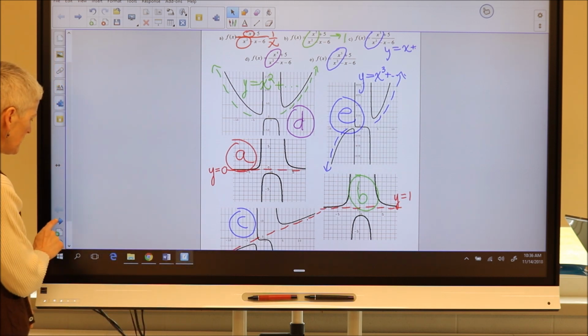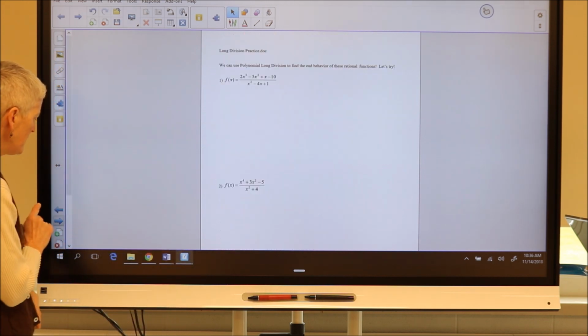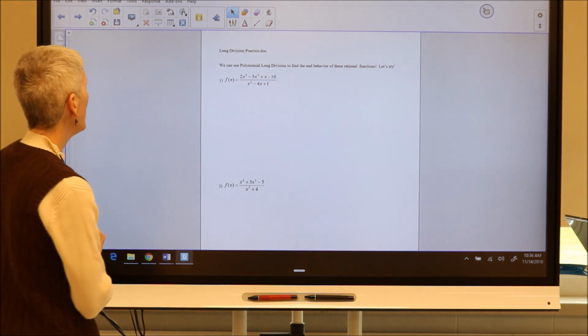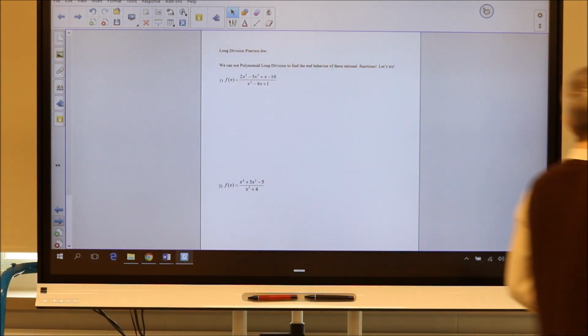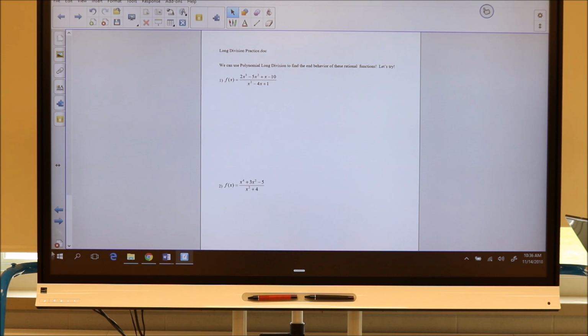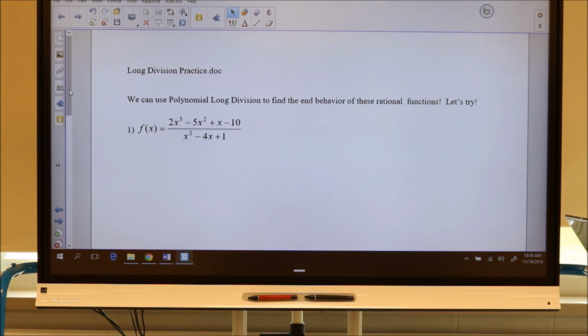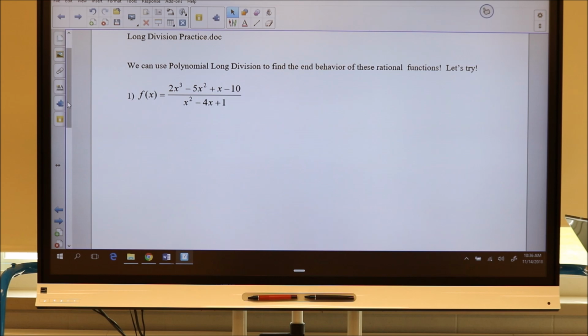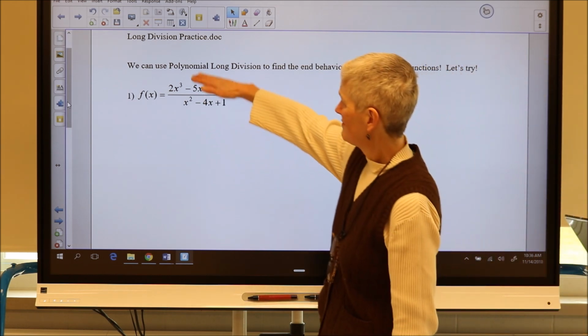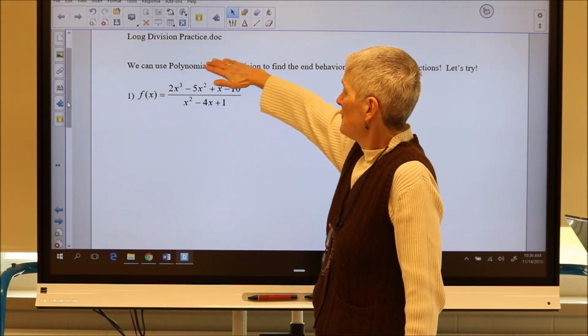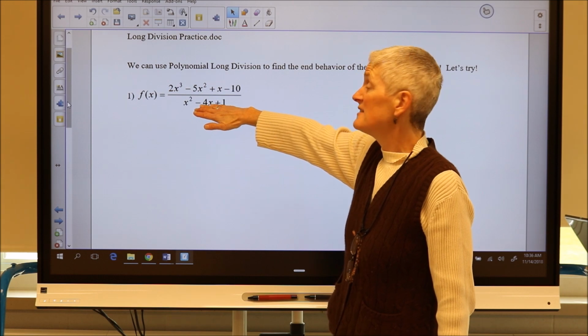Now, just very quickly, if I wanted to find the actual equation of the end behavior function, I could, of course, do polynomial long division. So let's just look here. I have an x to the third function in the numerator and an x squared in the denominator.